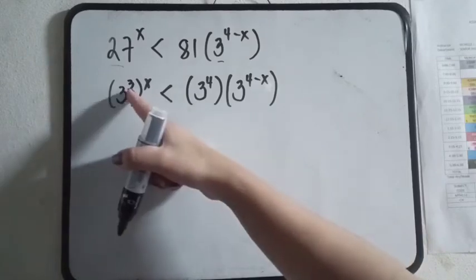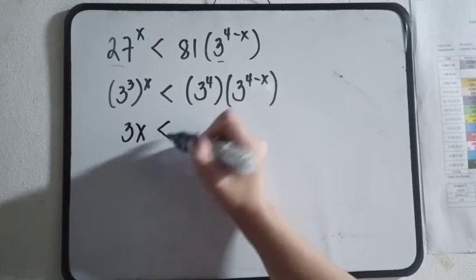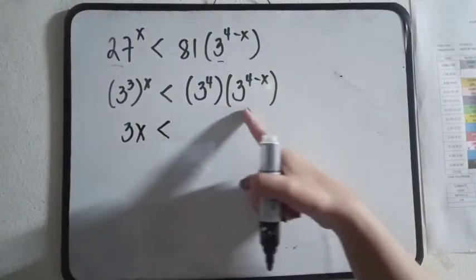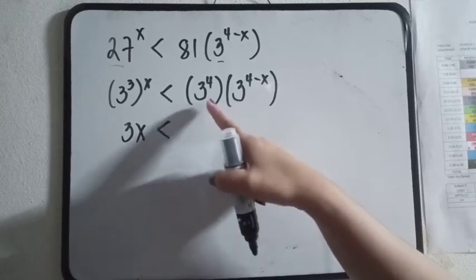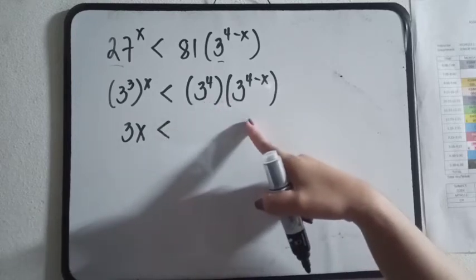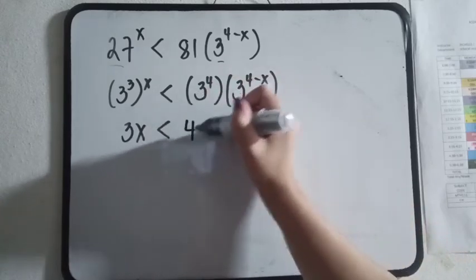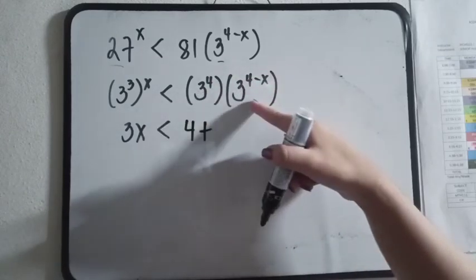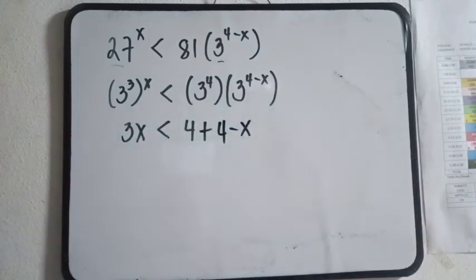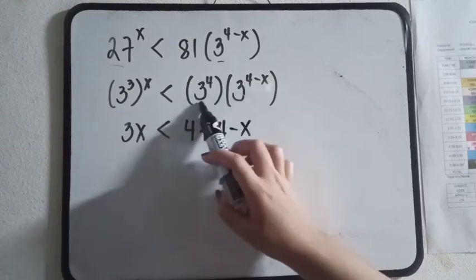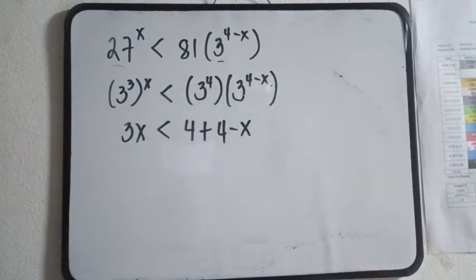So, dito, si 3 multiply natin kay x, magiging 3x is less than. So, dito, kapag nagmumultiply tayo ng same base, ang gagawin mo is i-add natin yung mga exponent nila. Okay, so dito, ang exponent niya is 4, plus, ang exponent naman ay 3 is 4 minus x. Again, kapag nagmumultiply tayo ng same base, i-add lang natin yung kanilang exponent.